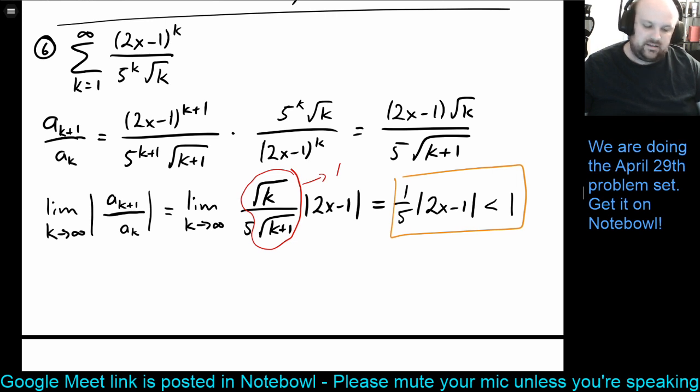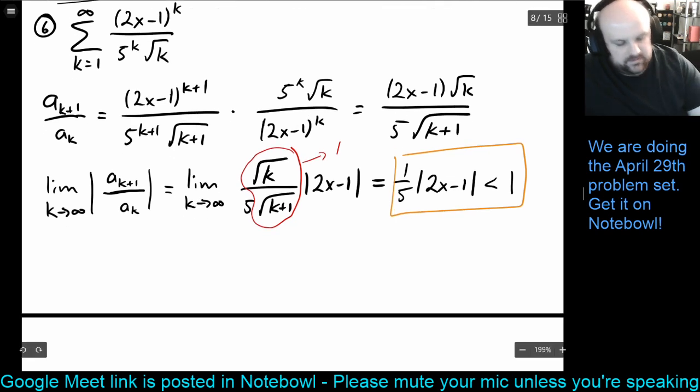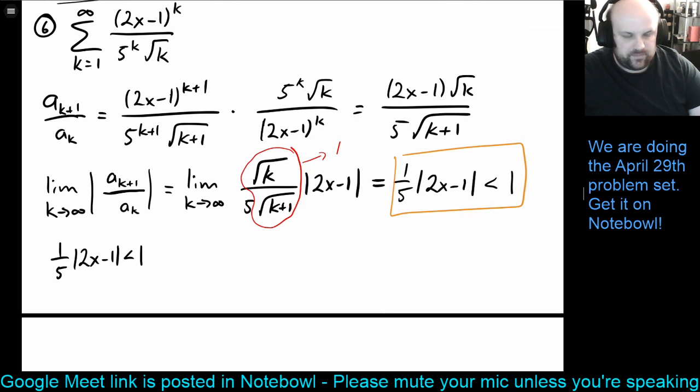So how's that look? Any idea? Radius of convergence should be? Would it be 5/2? Yeah, so it'll end up being 5/2.